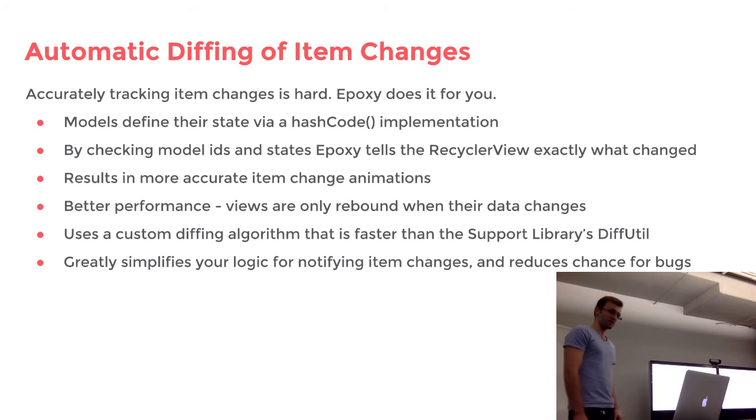And so basically with the diffing, we have a lot of cool algorithmic work going on in the background to take the list of all the models, go through it, check the IDs, and just by looking at IDs, we can know if you've inserted or removed things. The tricky part is checking for updates, and we compare hash codes on the models to check for updates.